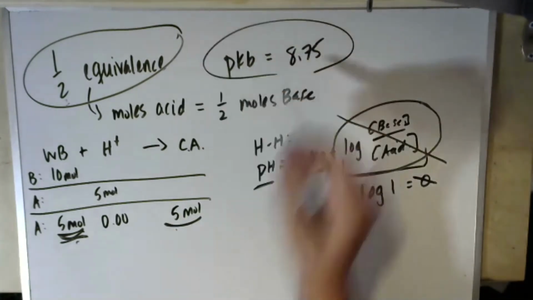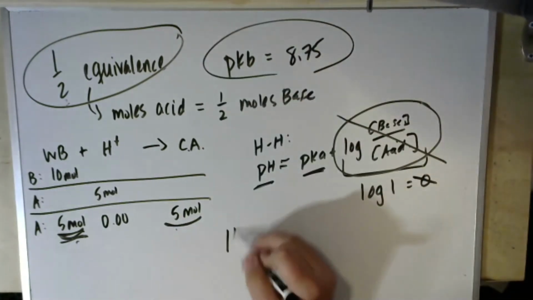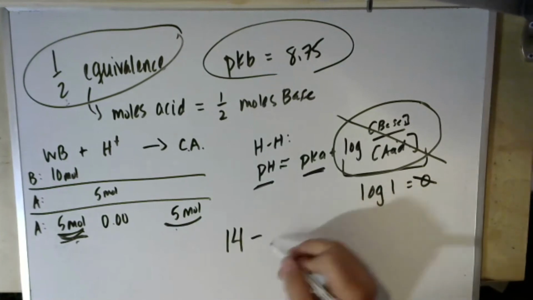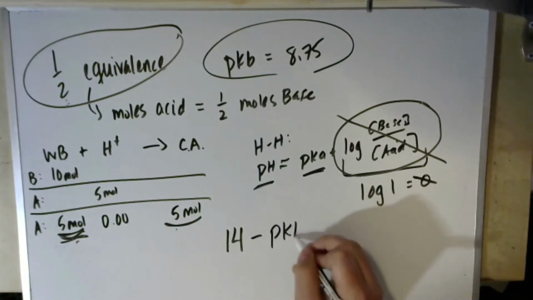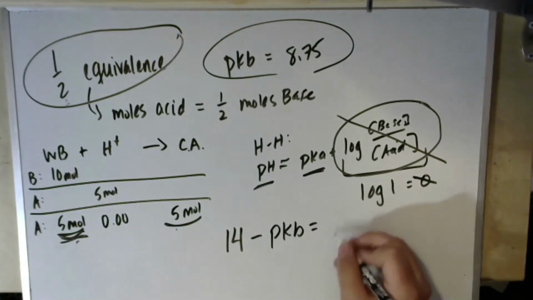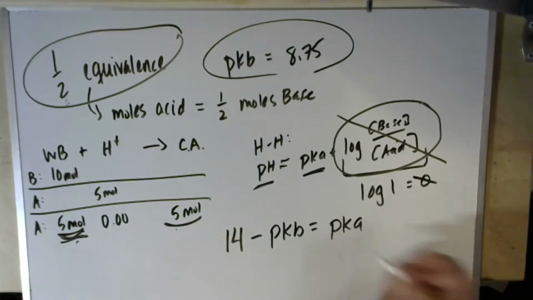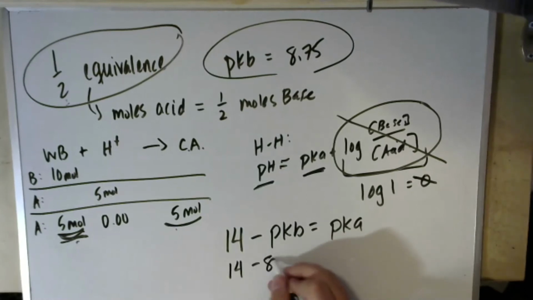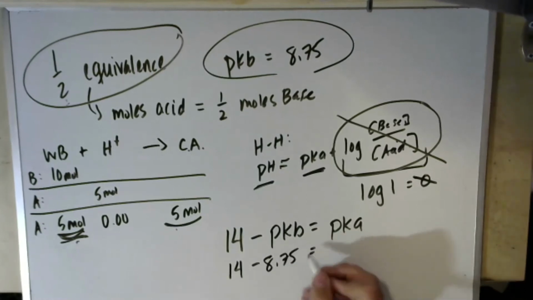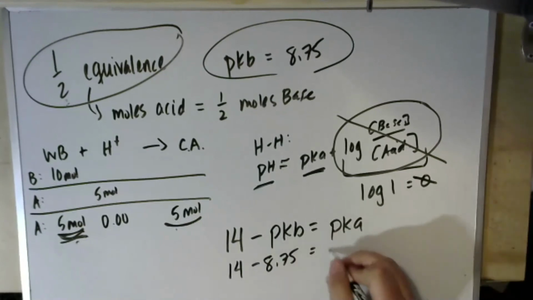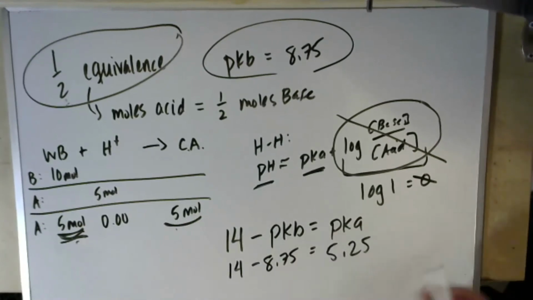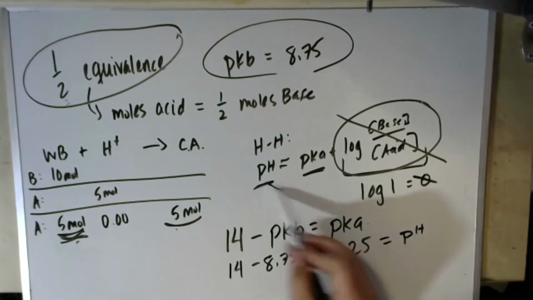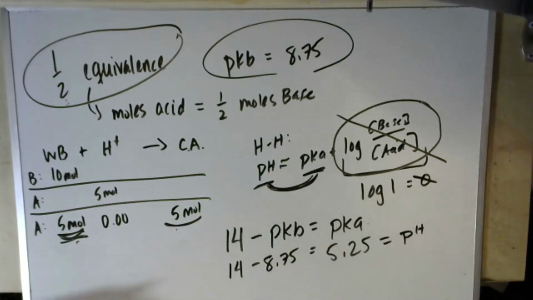In this case, they gave us the pKb, so 14 minus the pKb is going to give me my pKa. So 14 minus 8.75 is 5.25. And 5.25 is going to equal my pH, because pKa is going to equal pH here at half equivalence.